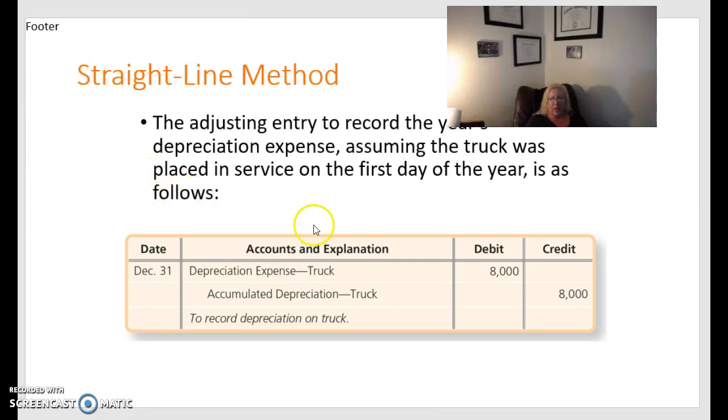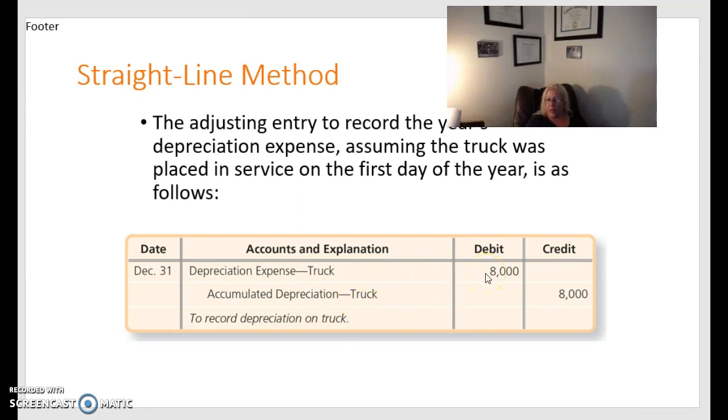And so here we can see an example of the adjusting entry that's used to record the year's depreciation expense. We're assuming here this is a truck that was placed in service on the first day of the year. And so on December 31st, the end of the year, we record depreciation expense as a debit.